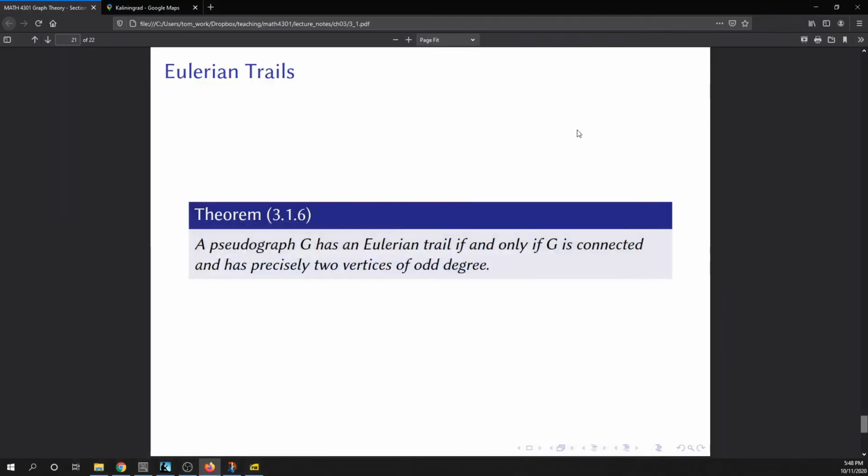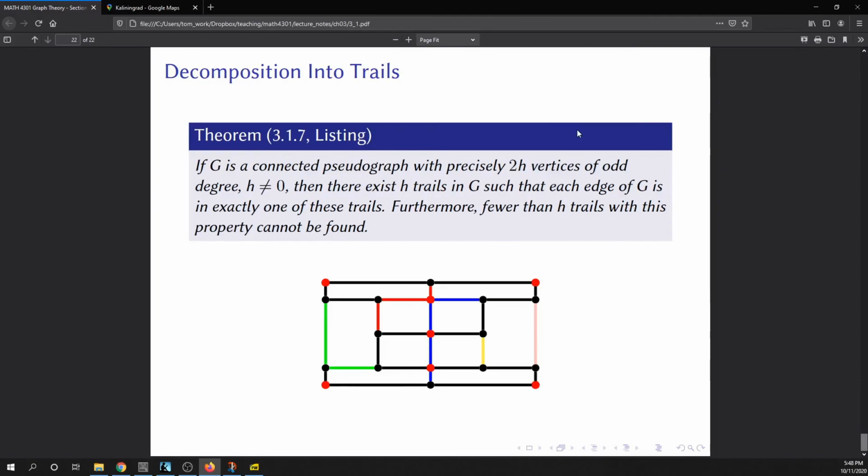So that's again the idea behind that one. Similar to the other decomposition theorems that we had, we have this decomposition into trails, and these are not Eulerian trails, but this theorem generalizes the previous one.